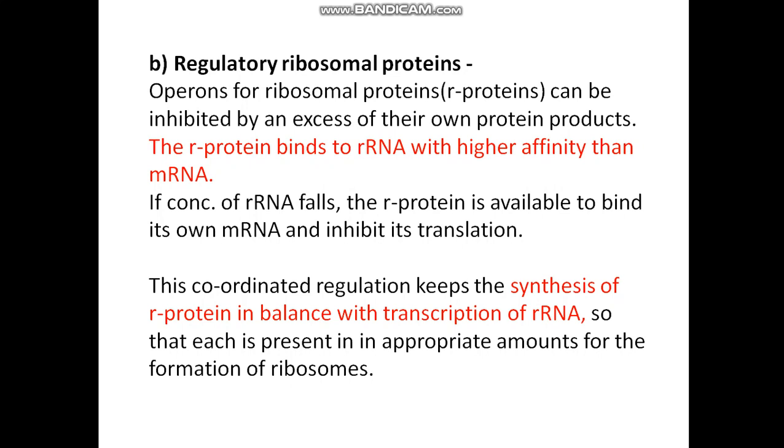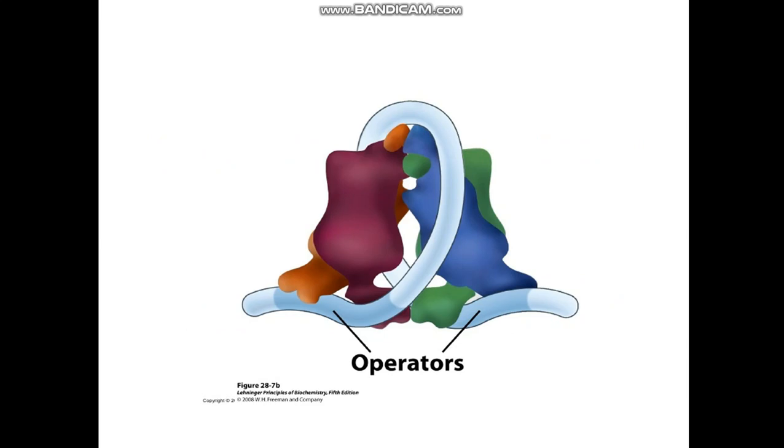If the concentration of ribosomal RNA falls, the R protein is available to bind its own messenger RNA and inhibits its translation. And this coordinated regulation keeps the synthesis of R protein in balance with the transcription of ribosomal RNA.